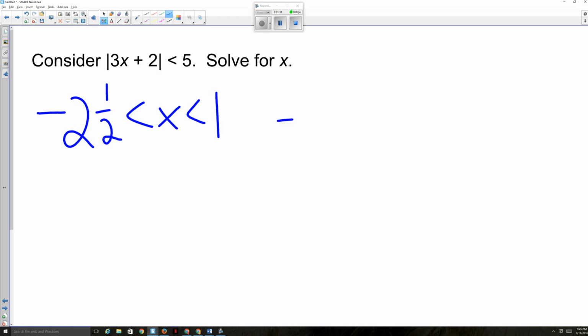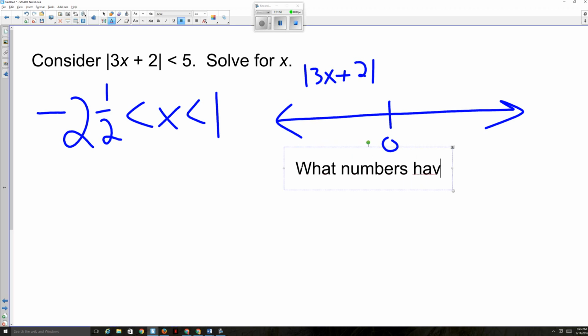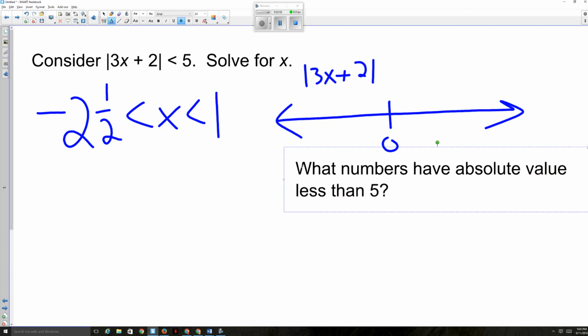Well, what I want you to think is I want you to think of this number line, and these are all values of the absolute value of 3x plus 2. Okay, now here's 0. What numbers have an absolute value less than 5? Okay, so let me type that in here so I'll give you some notes here. What numbers have the absolute value less than 5? Okay.